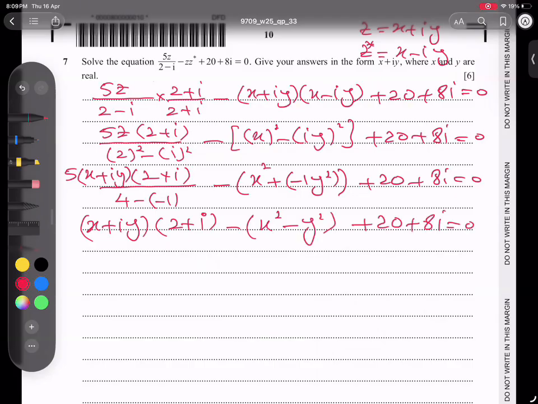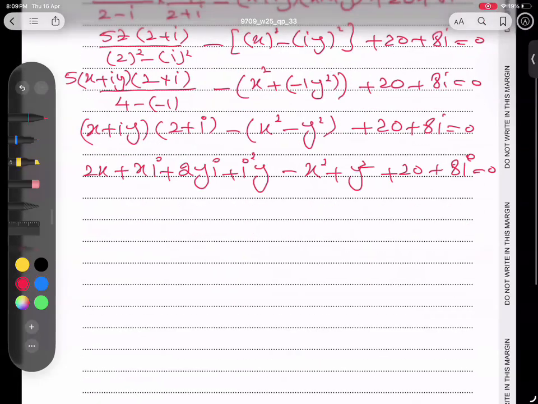Okay. Now what here? 2 times x, times iota, and 2y iota, and plus iota square times 2y. Open this bracket, I get this kind of working.